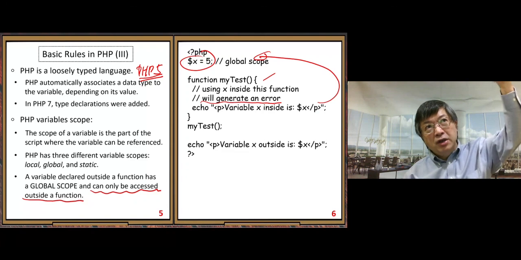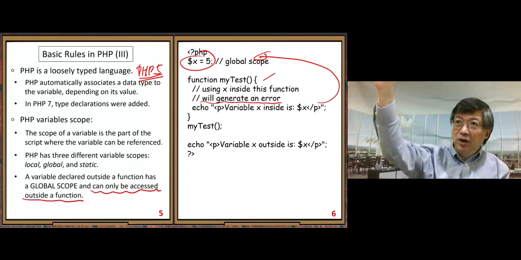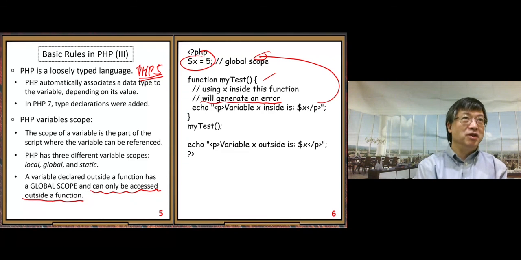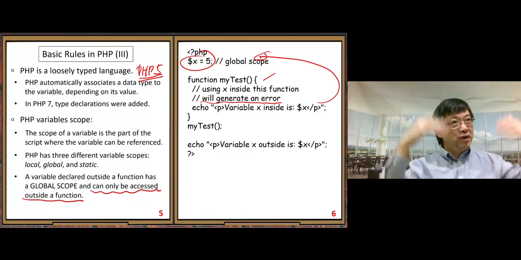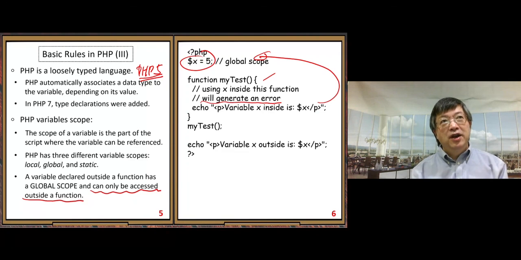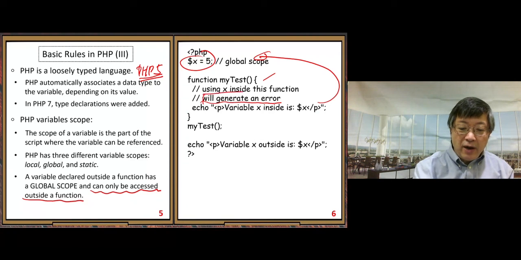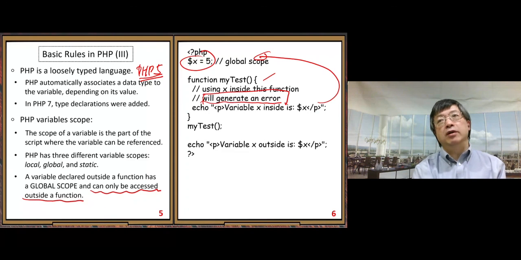Two thousand lines ago, you used that global variable for some special purpose and set some special value. Now, after 2,000 or 3,000 lines, you couldn't keep track of it. That's the nightmare. So for that reason, here you can see it generates an error. The PHP engine tries to discourage you from using global variables.